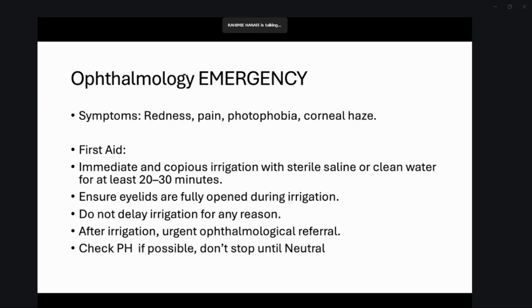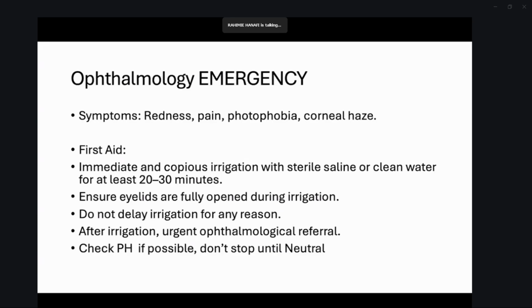This is the only injury where you do not need to take a history first. If the patient says something splashed into the eye, like a car battery or acid from cleaning, straight away you need to irrigate the eye with copious irrigation. Just use saline or clean water for at least 20 to 30 minutes.